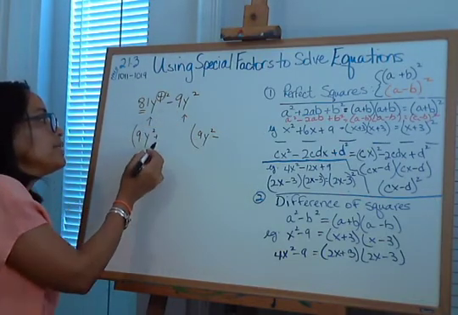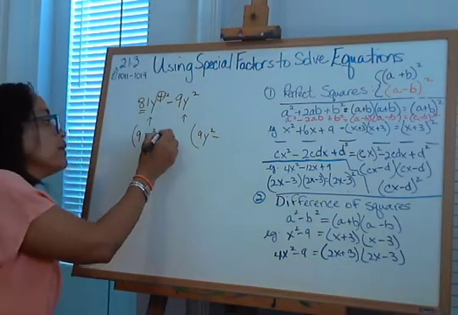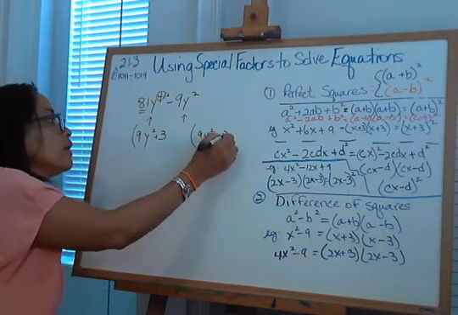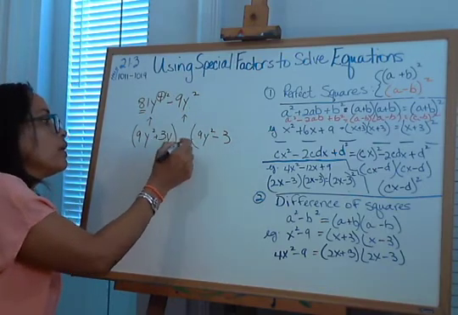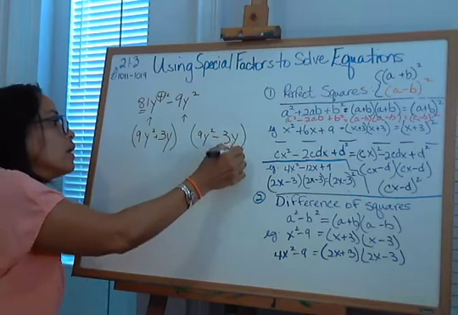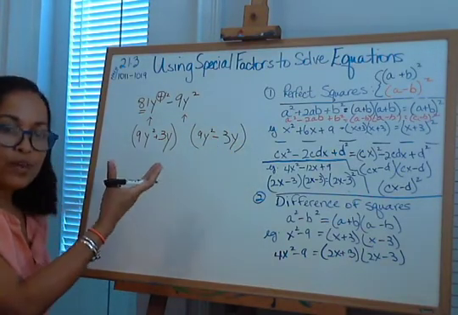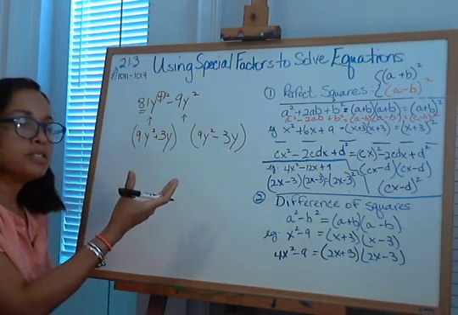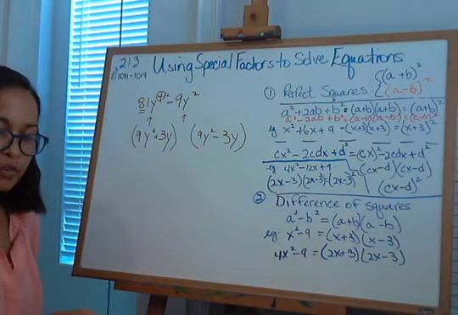What about 9? Yes. What's the square root of 9? Well, 3 times 3 is 9. 3. And the square root of y squared is just y. Great. So now you factored this difference of squares. Let's get one where we can solve for it.